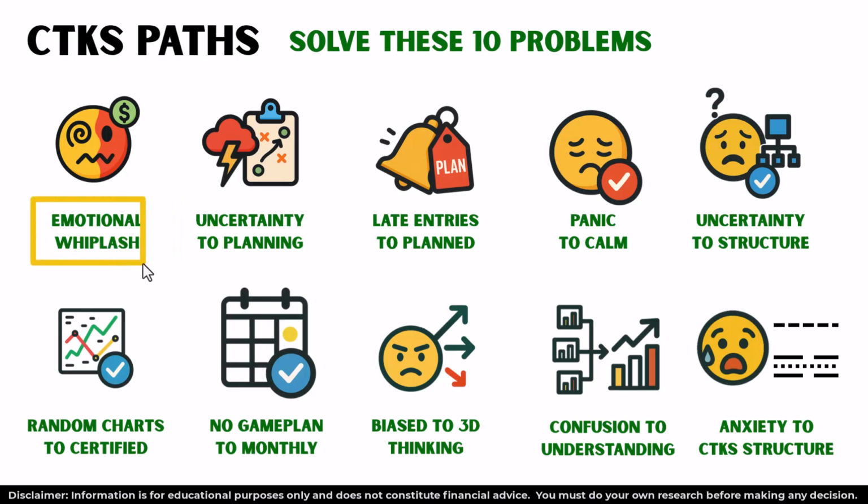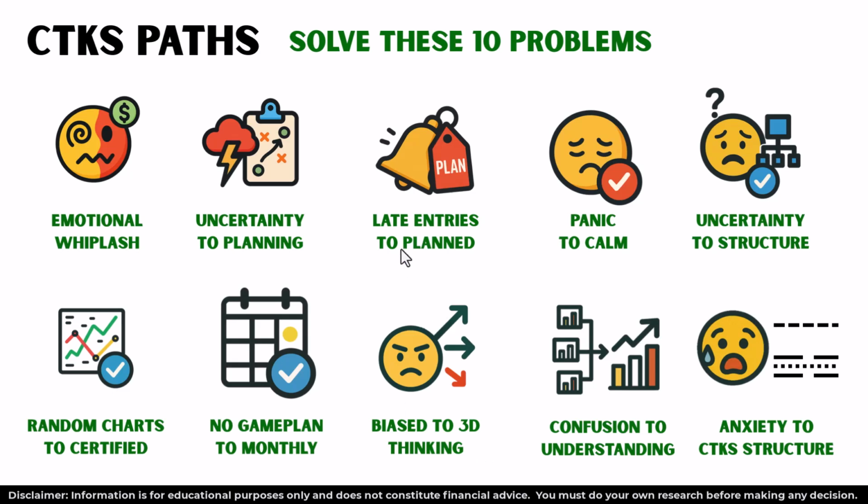If you want to get rid of emotional whiplash, want to transform from uncertainty into planning, have a game plan from a month-to-month basis, just get away from random charts to certified charts, think in terms of 3 directions, not just a biased perspective often given to you by influencers and the news.